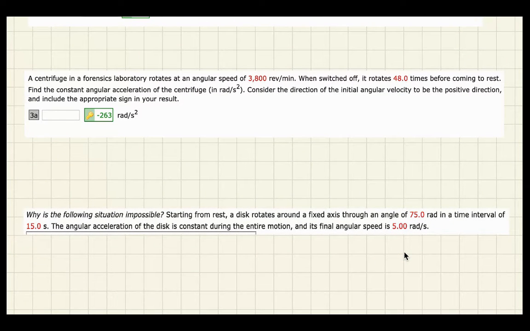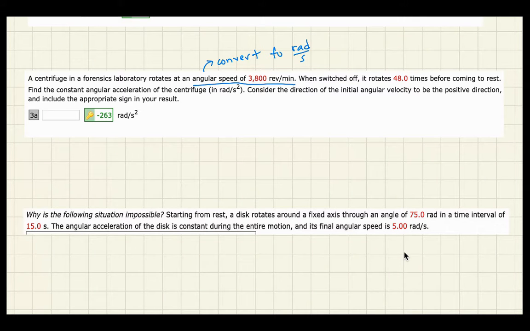Moving on to question number 3, we have a centrifuge. Look at this crossover. Physics crossing over with biology because we're in a forensics laboratory and we're given an angular speed of 3,800 revolutions per minute. Remember, we need to convert this to radians per second.